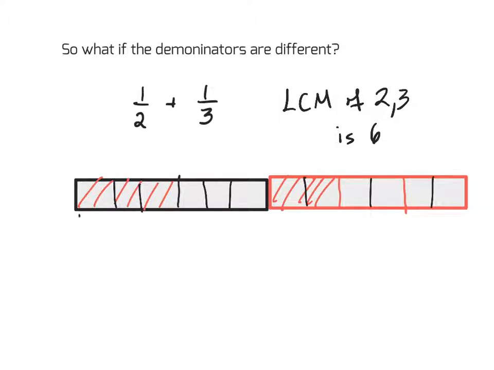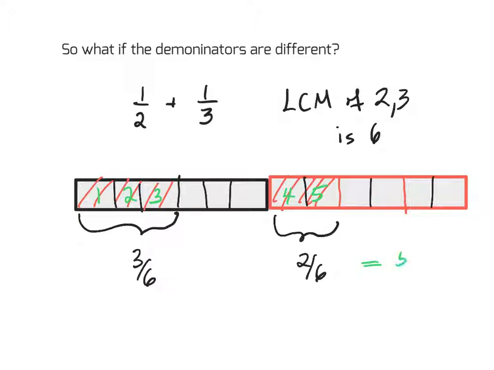So this right here is 3/6. This right here is 2/6. So how many 6s do I have now? I have 1, 2, 3, 4, 5, 6. So I basically have that 1/2 plus 1/3 equals 5/6.